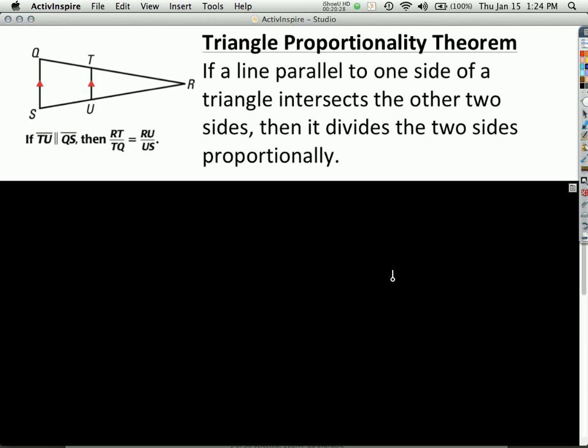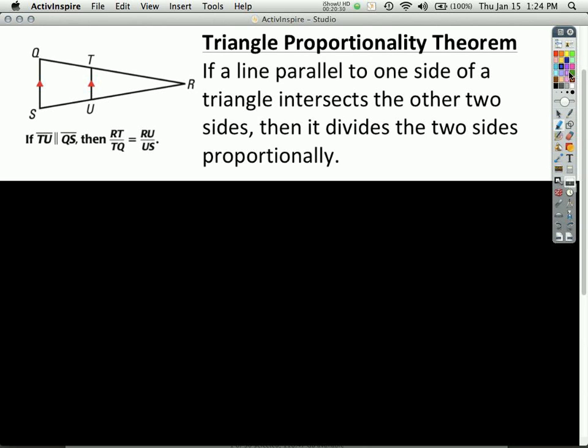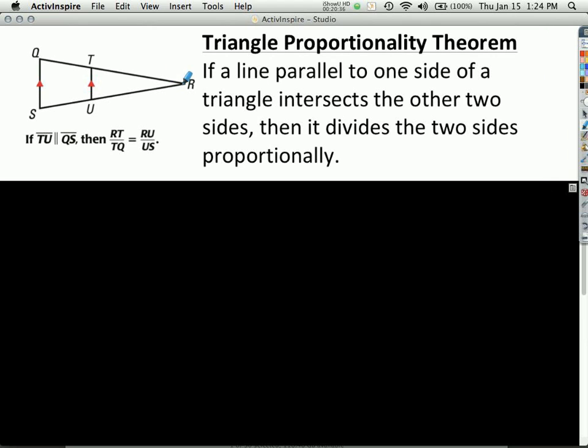So we can form a proportion, and you see it here. We can form a proportion right here of this segment to this segment is going to equal this segment to this one, right there. That's if these two lines are parallel. If they're not parallel, then it doesn't apply.